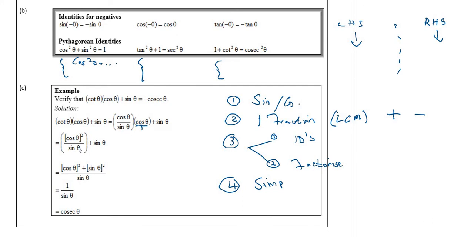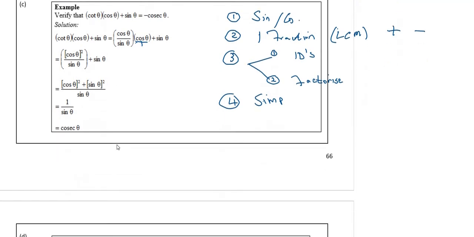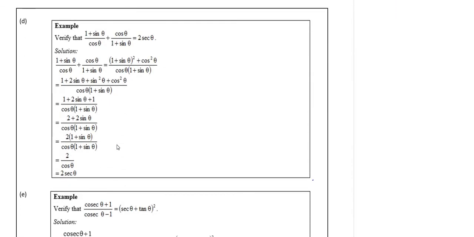So that gives us the cos squared over sine. Now make one fraction, and then you see the top becomes an identity, cos squared plus sine squared, which is 1. It forms the identity, and then quickly we can finish the identity.